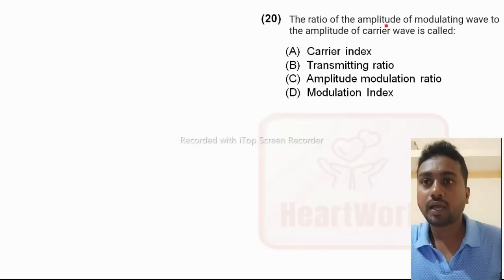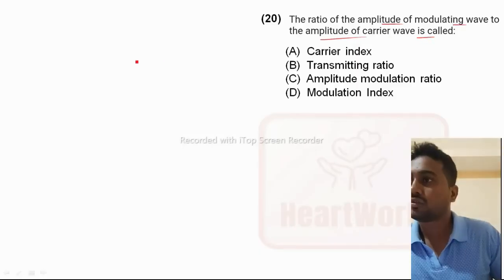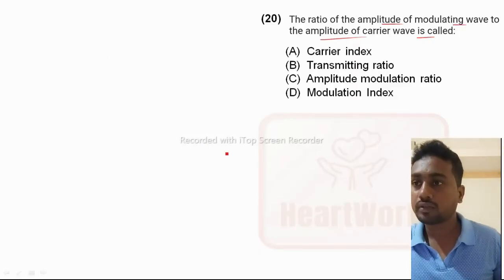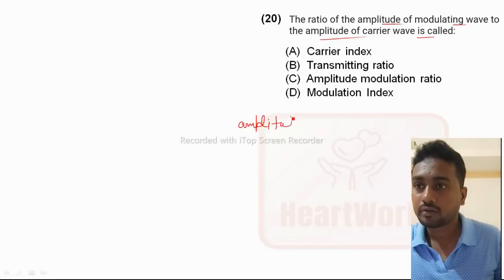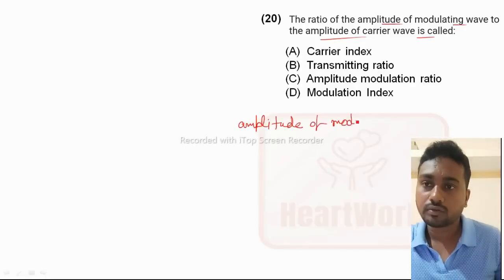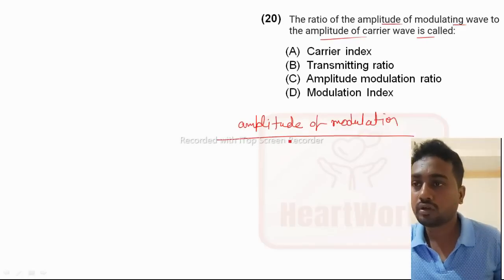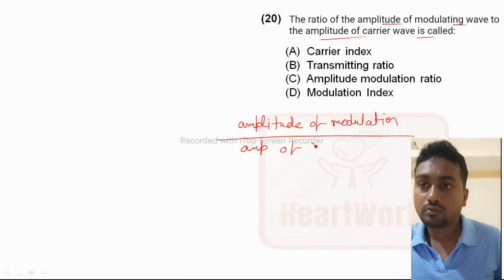The ratio of the amplitude of the modulating wave to the amplitude of the carrier wave is called? So the ratio of the amplitude of modulation to the amplitude of carrier wave.